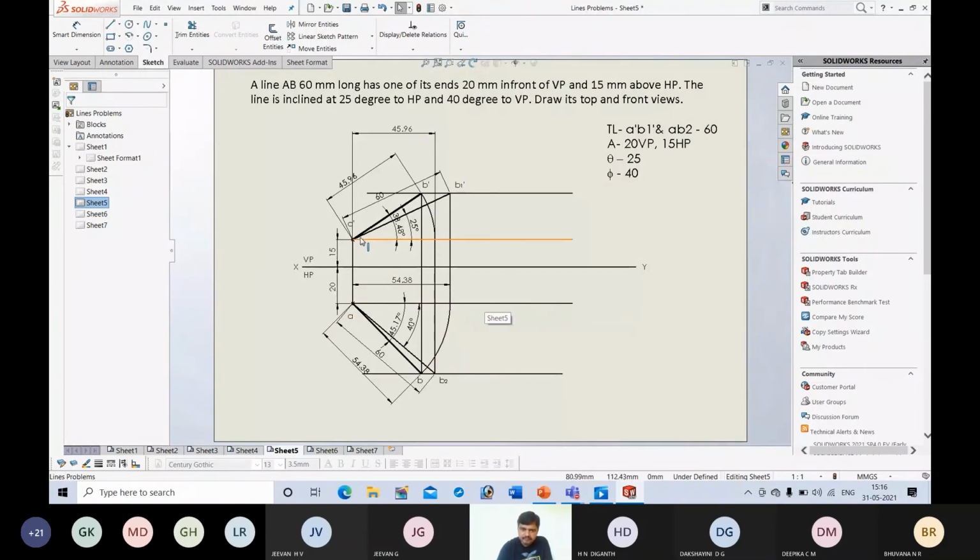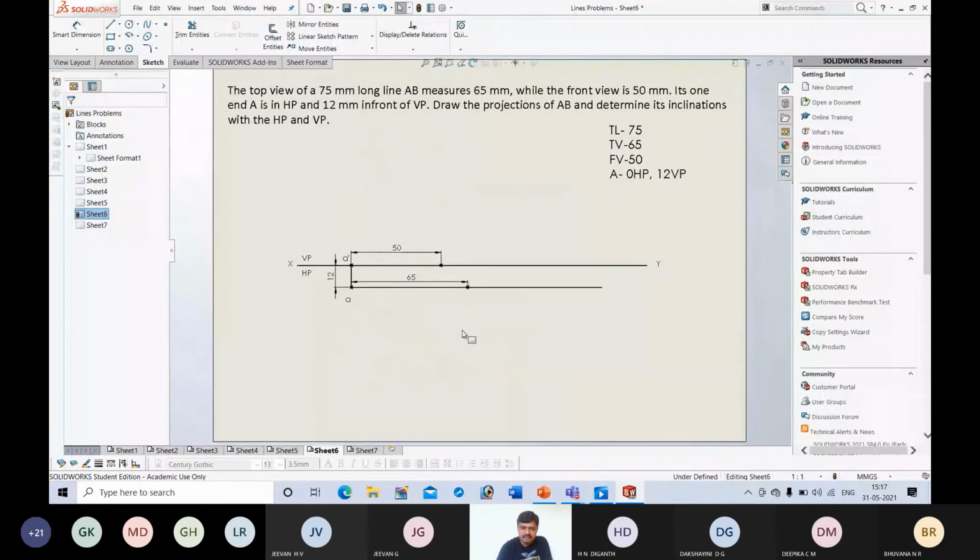Similarly, again, this B2, you are going to get this B2 on the vertical line drawn from top view length on locus of A dash. Okay, so what is its meaning, that you will understand here.